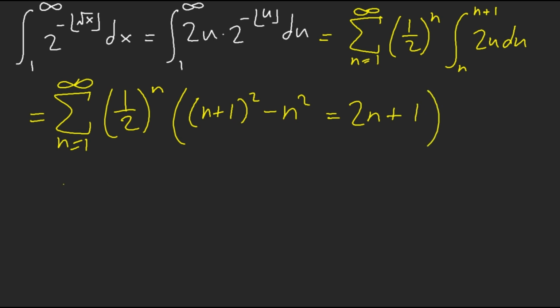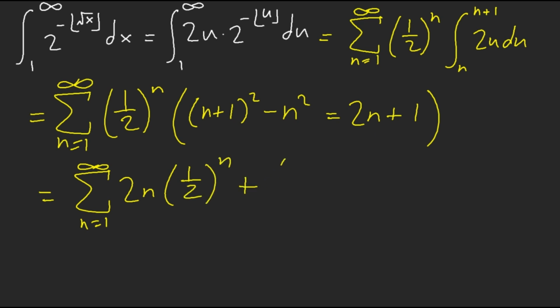So what we have is 2n plus half n, technically. I'm going to just put a bracket here. So what do we do here? I don't know why I wrote it like this.